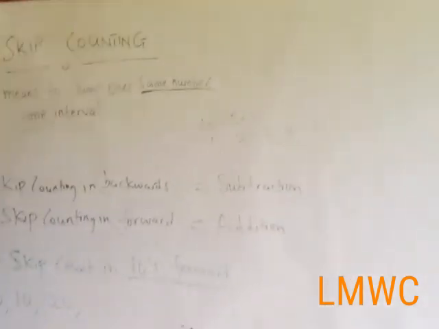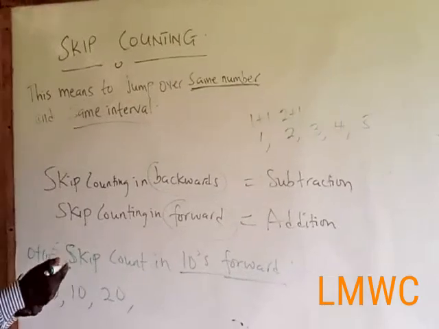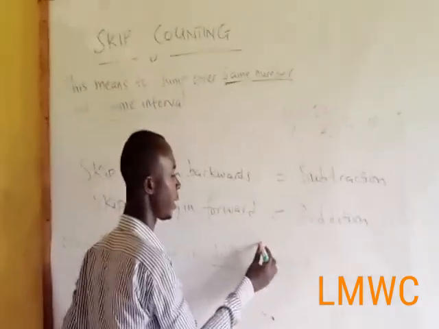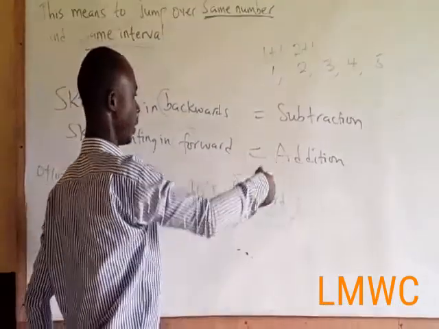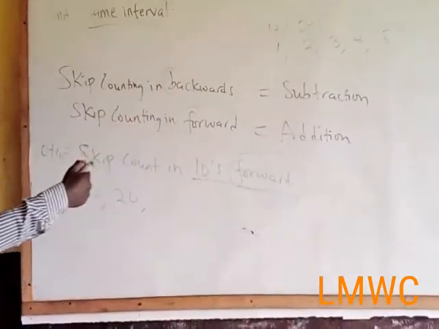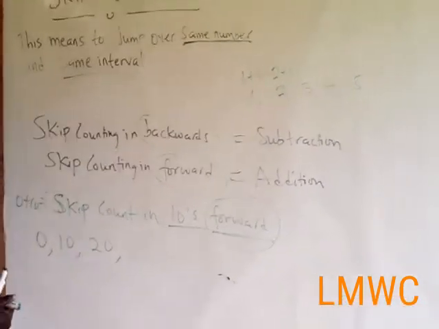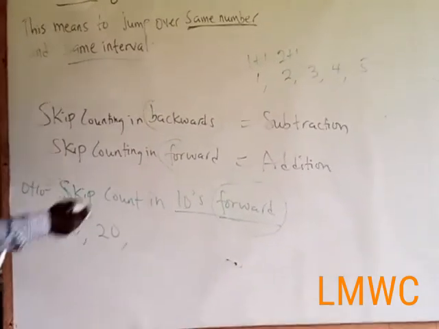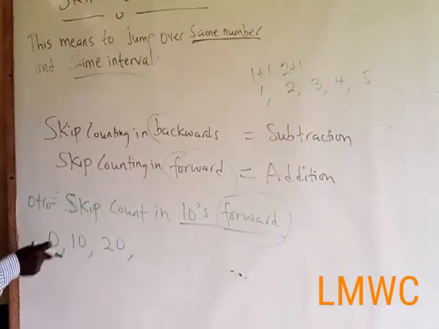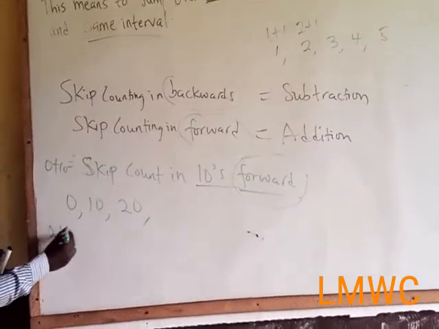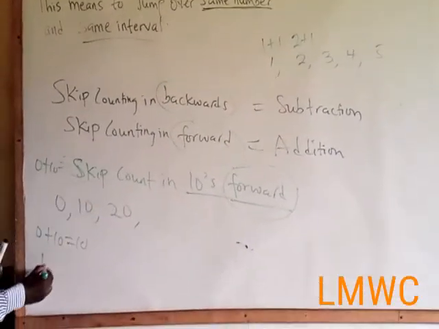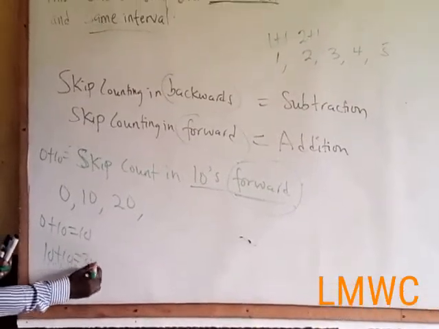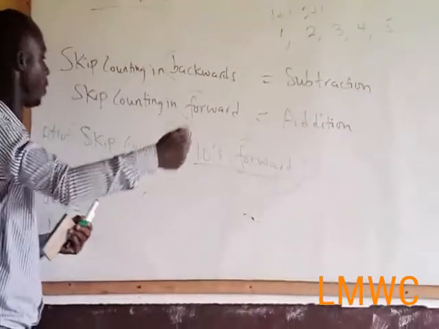Once you understand the meaning of forward, it means you are going to add. But it's the same interval. You see, this is in tens. This means 10 was added to this 0 for us to get 10. So 10 plus 10 is what? 20. You see, it's the same interval. An interval of 10 is here.